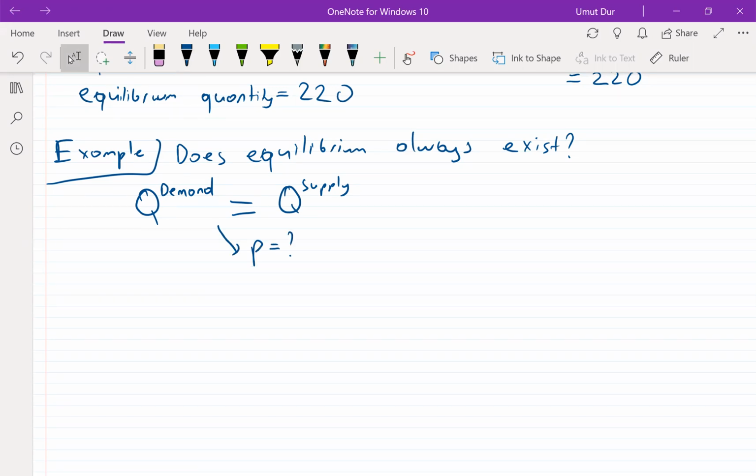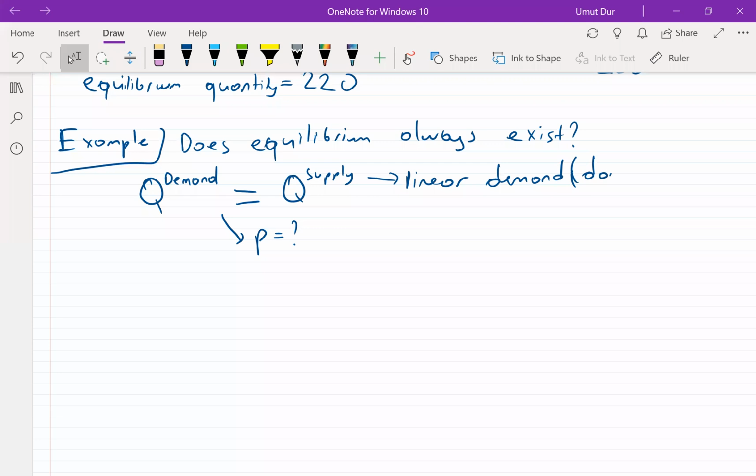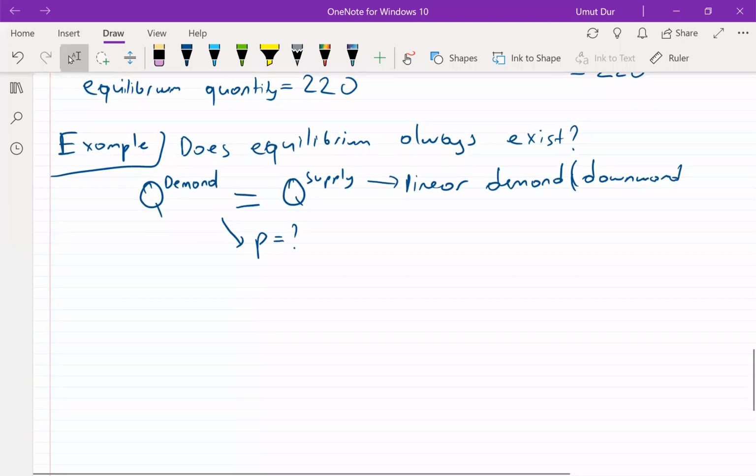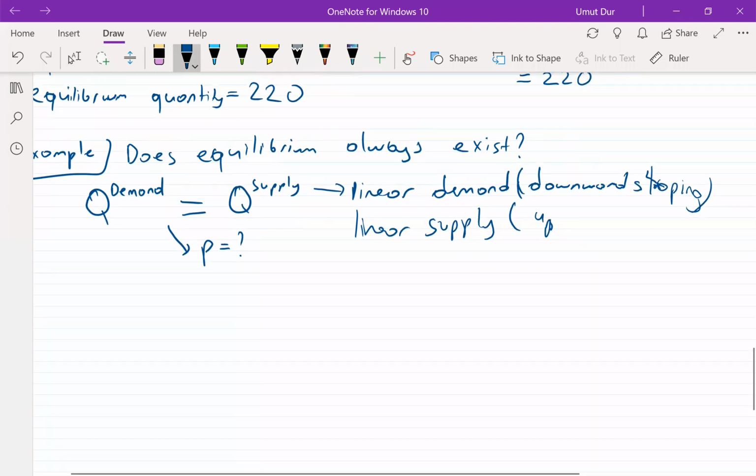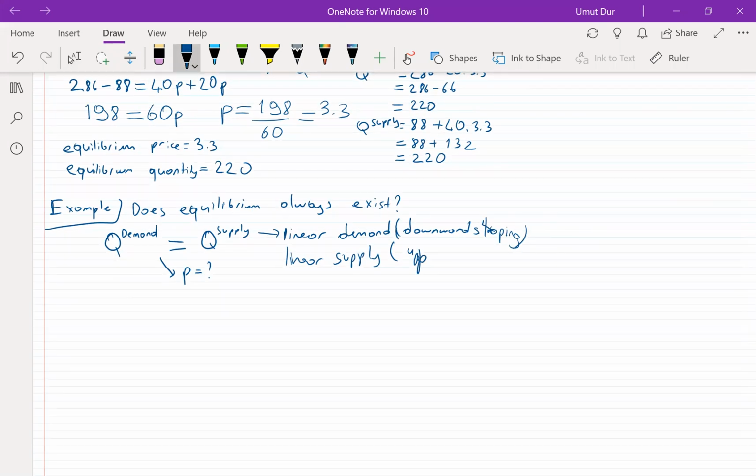So if we are using linear demand, which is downward sloping, and linear supply, which is upward sloping, those graphs will always intersect.